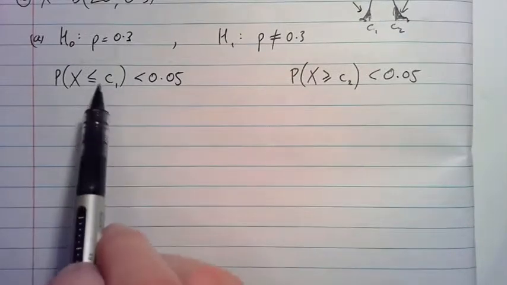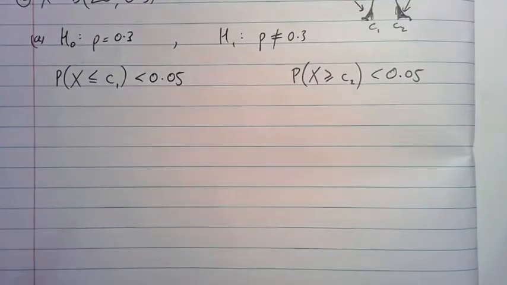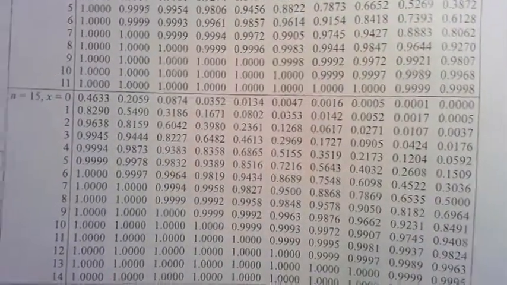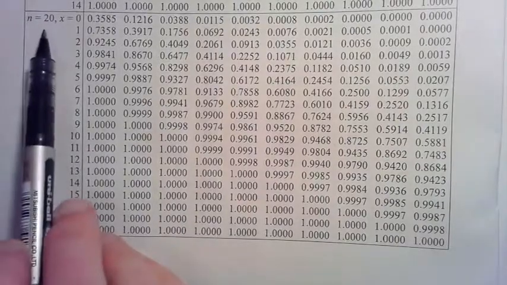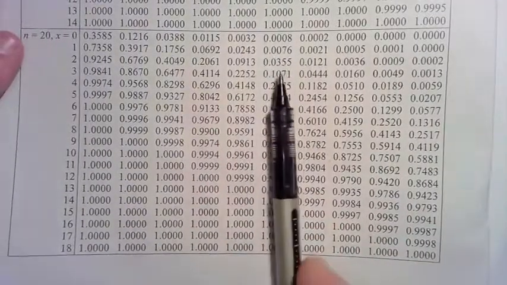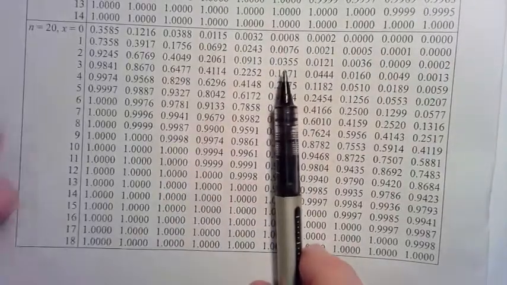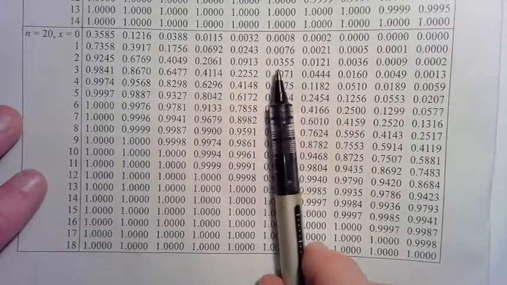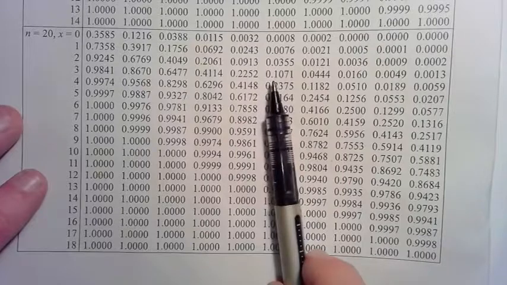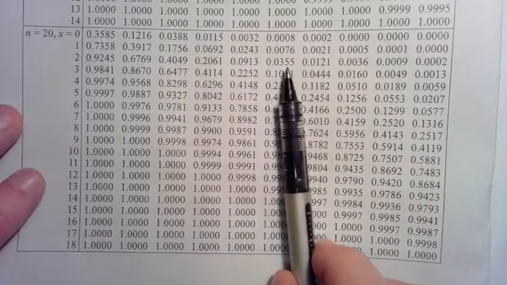Now the less than or equal to form is quite straightforward. We just get out the cumulative tables in the formula booklet again and scan down. So n equals 20, probability is 0.3, which is this column here. What we're looking for is the first time that it's less than 0.05. 0.1071 is not less than 0.05, but 0.0355 is less than 0.05.